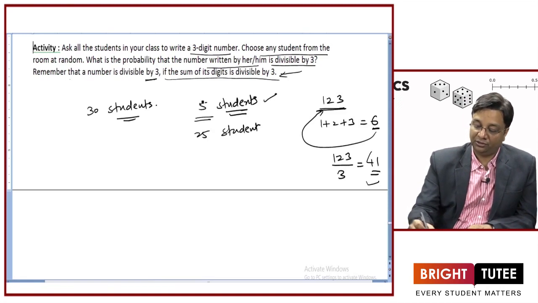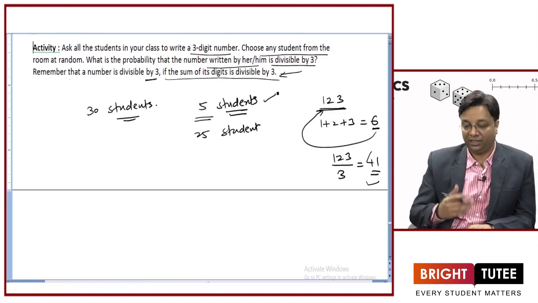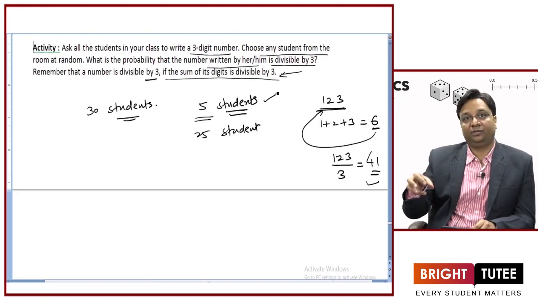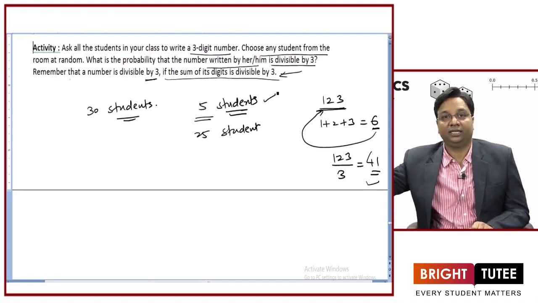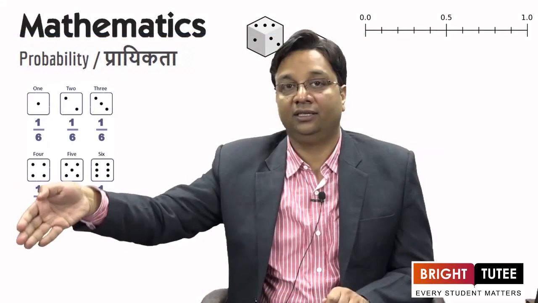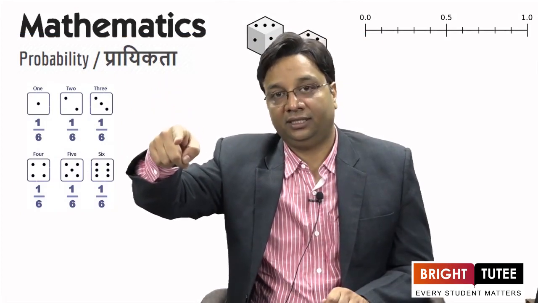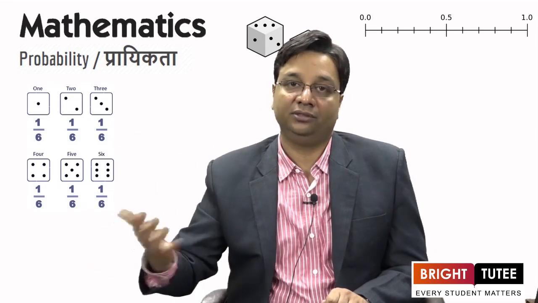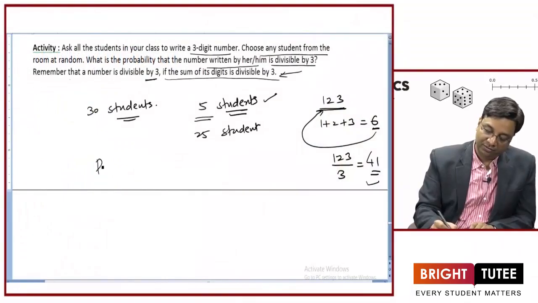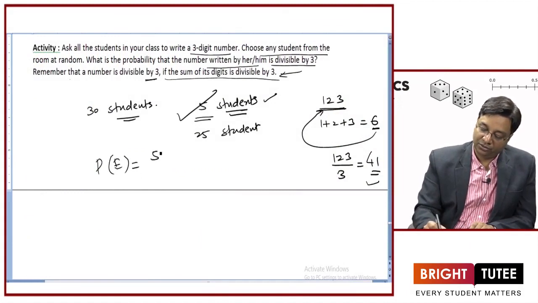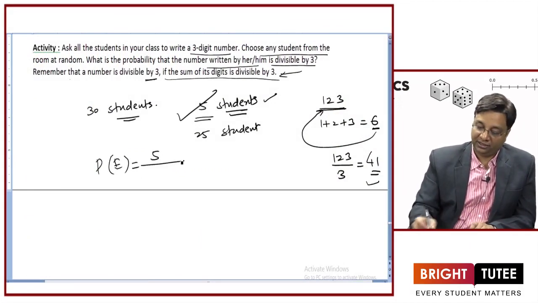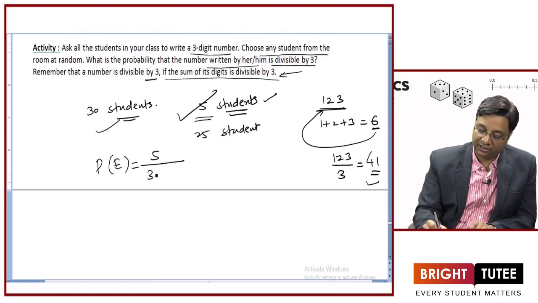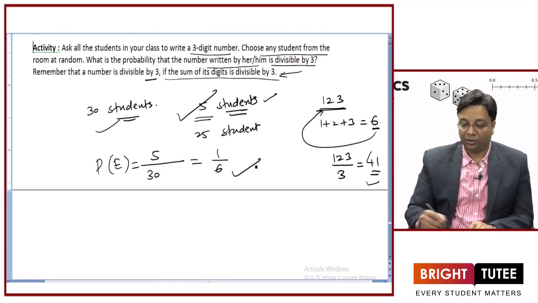Now, if you are asked the probability that you pick a student at random and the number she or he has written is divisible by 3, the probability of this event will be 5, the students who wrote a number divisible by 3, divided by the total number of students, that is 30. So, 1 by 6 is the probability.